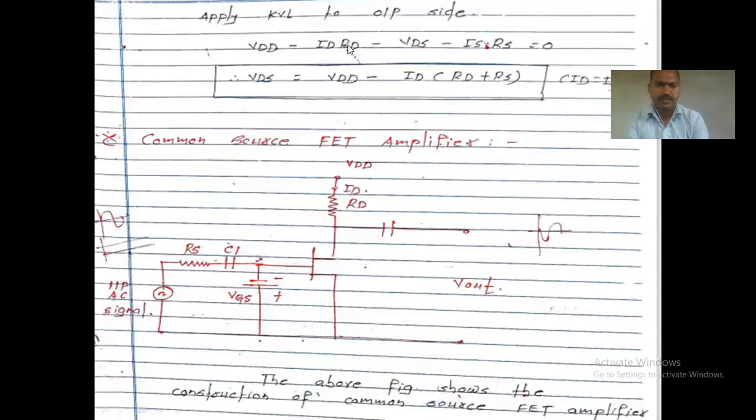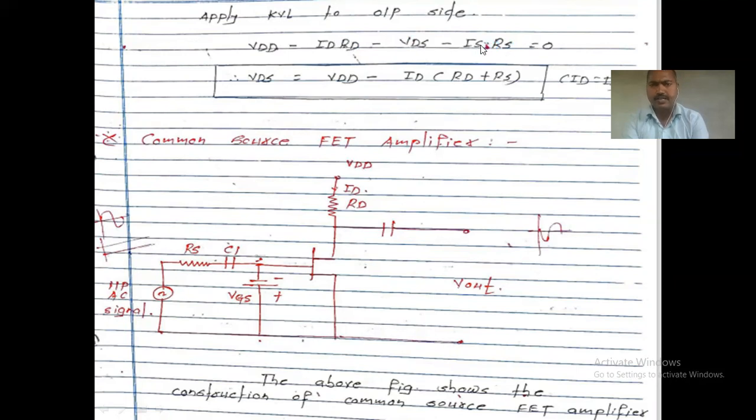We know that IS is nothing but ID, so we consider ID equal to IS. Taking minus VDS to the other side, VDS equals VDD minus ID into RD minus ID into RS.